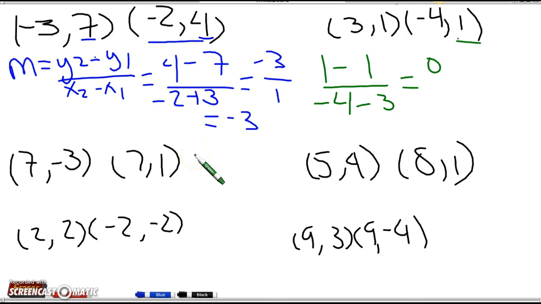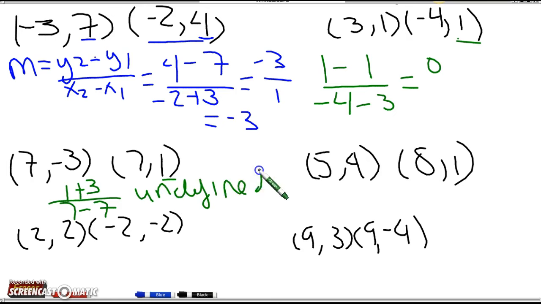So my y2, I'll choose 1. So that's 1 minus a negative 3, which is plus 3, divided by 7 minus 7. Well, 7 minus 7 is 0, and I can't have 0 in my denominator, so this is undefined. Let's check this out, see if we got it correct.